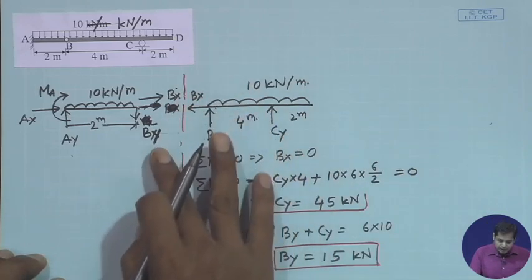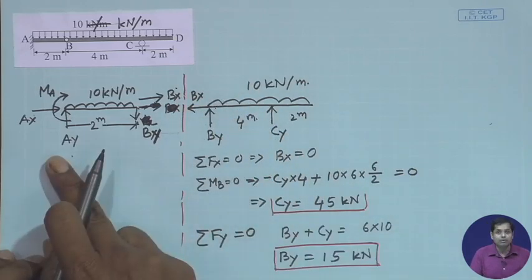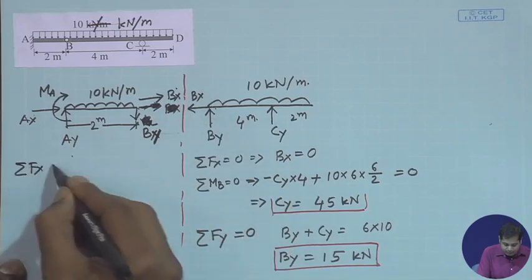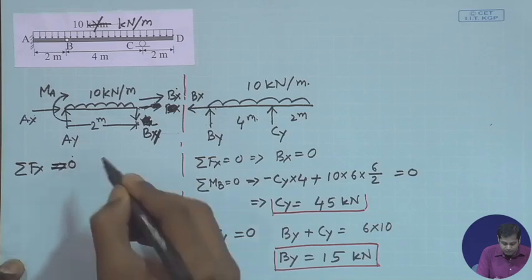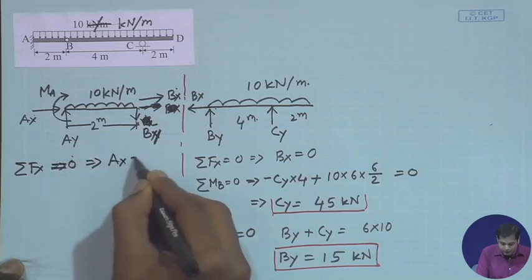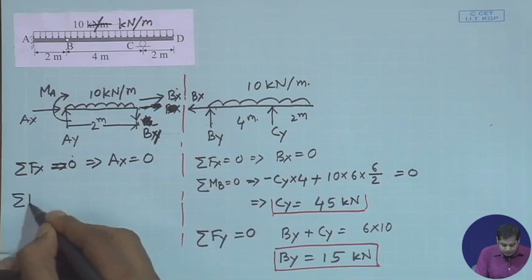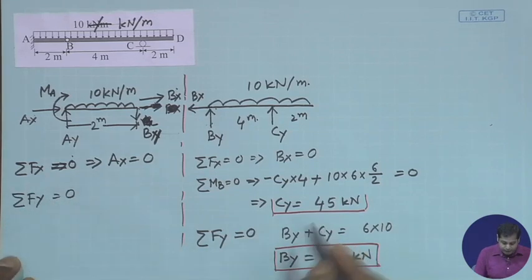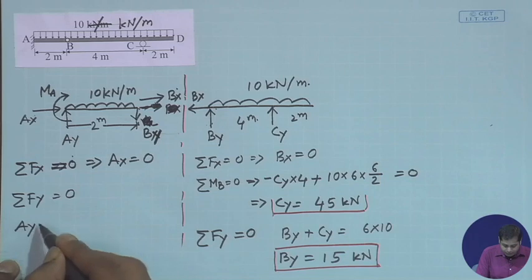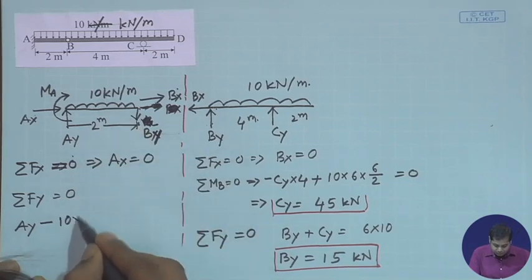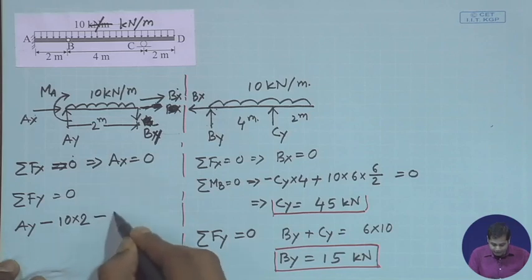Now, Bx and By are already obtained. Only thing we need to obtain is Ay. Bx is equal to 0 here. So again, summation of Fx equal to 0 gives us Ax is equal to 0. Then if you take summation of Fy equal to 0, this gives us Ay minus 10 into 2 minus By.